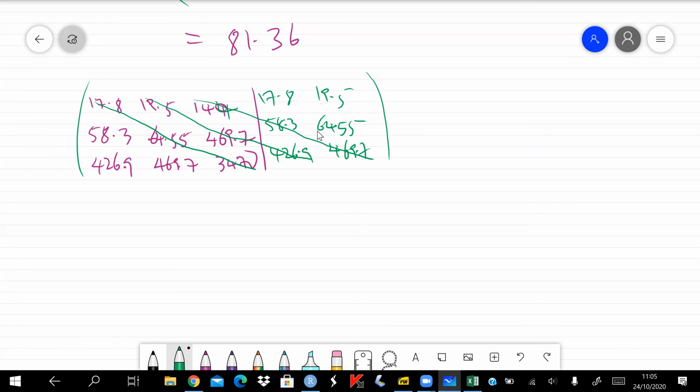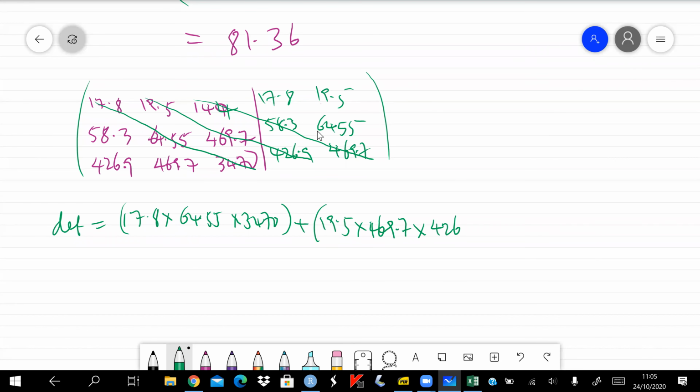So the determinant will be given by 17.8 times 64.55 times that 470, plus 19.5 times 469.7 times 426.9, plus 144 times 58.3 times 469.7. So we take all that in brackets there, minus.